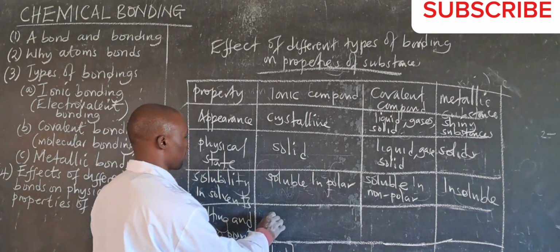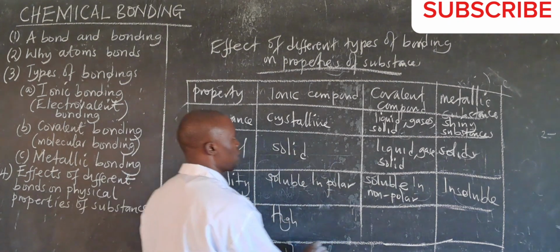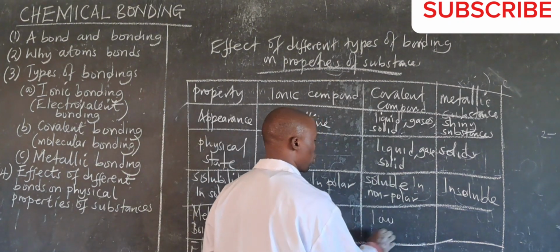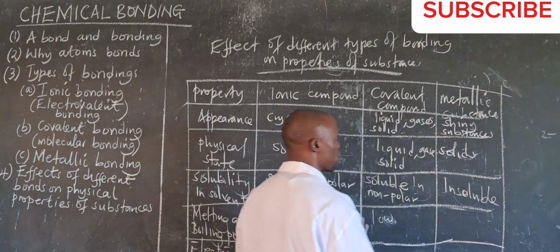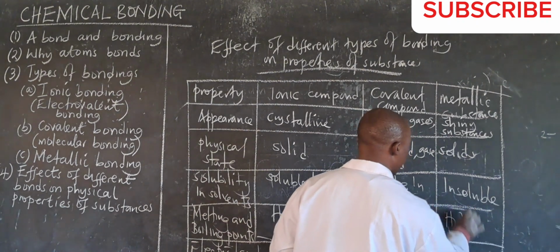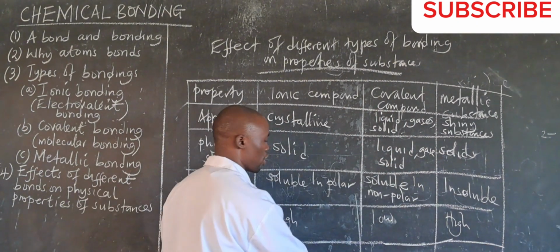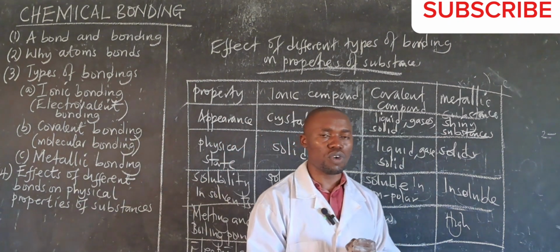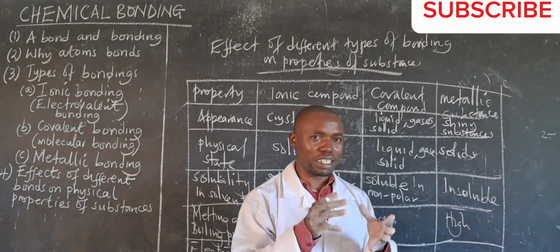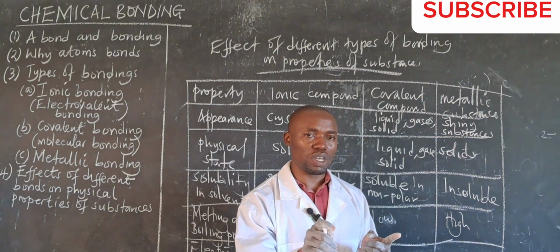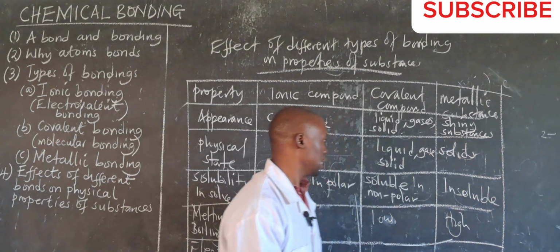Melting and boiling points: ionic compounds very high, covalent compounds low, because they are normally gases or liquids. Metals are high. Then we have electrical conductivity. Ionic compounds conduct electricity in two forms. They cannot conduct in solid form. You have to either dissolve in water or apply heat to melt.